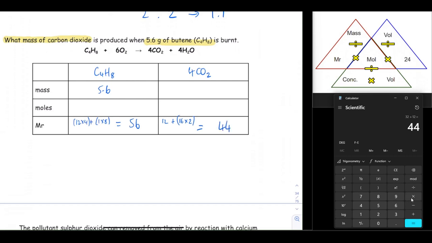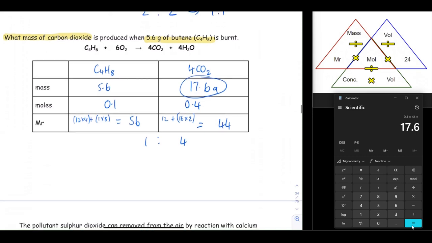So 5.6 divided by 56 gives me 0.1 moles. If I've got 1 mole of that to 4 moles of that, I must have 4 times as many. So I times by 4. That gives me 0.4. Then I can times it by 44, which is the relative molecular mass, and it gives me 17.6. So 17.6 grams of carbon dioxide is produced from 5.6 grams of butene.